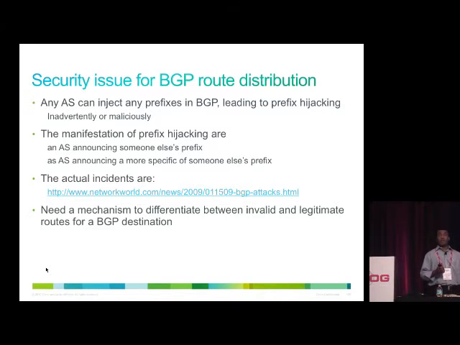I may advertise Google's prefixes and everybody's sending Google traffic to me, so Google is not receiving any traffic at all. So to avoid that, it's important to validate that the prefixes are advertised from a valid origin AS and by a valid entity.